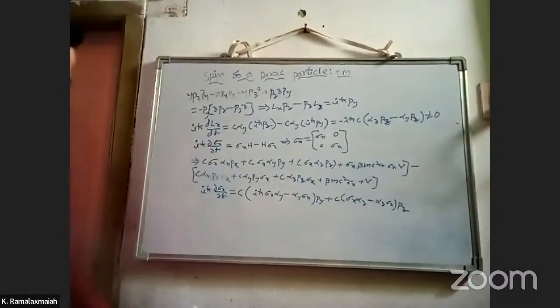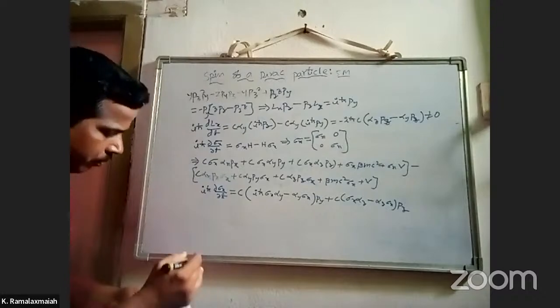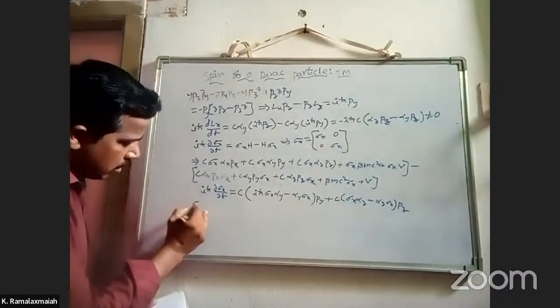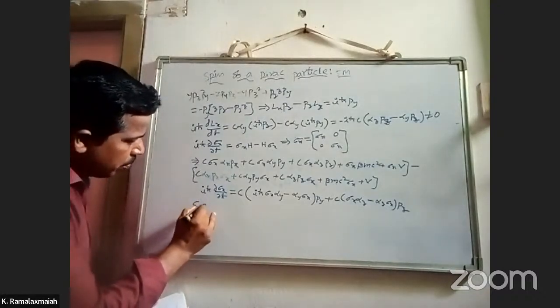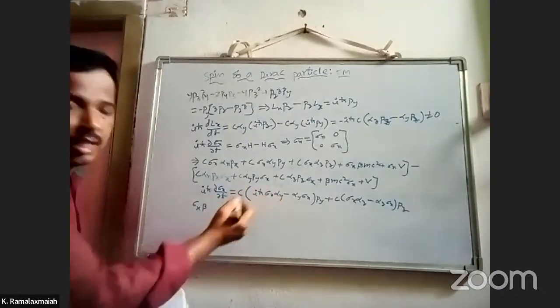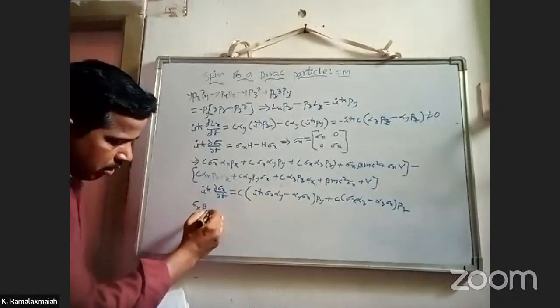These are the alpha terms, and the second one is the beta term.